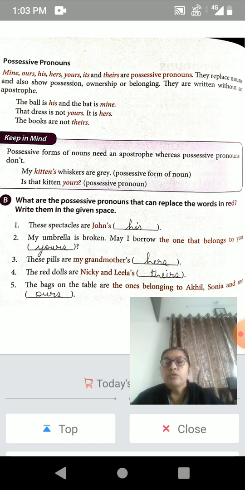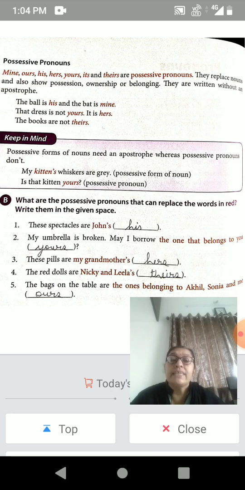We don't use here an apostrophe. But me, mine, ours, his, her, hers, your, yours, their, theirs. Understand children? They are written without an apostrophe.